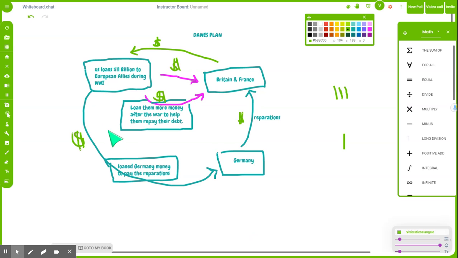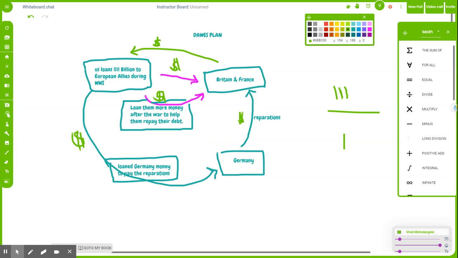We are going to loan more money to our European counterparts so that our European counterparts can pay back the United States. Now, if you're looking at this and thinking, but Ms. Payne, we've sent money 3 times, we're only getting money back once, isn't this putting us into debt and economic peril? I would say, yes, you are reading this chart correctly.